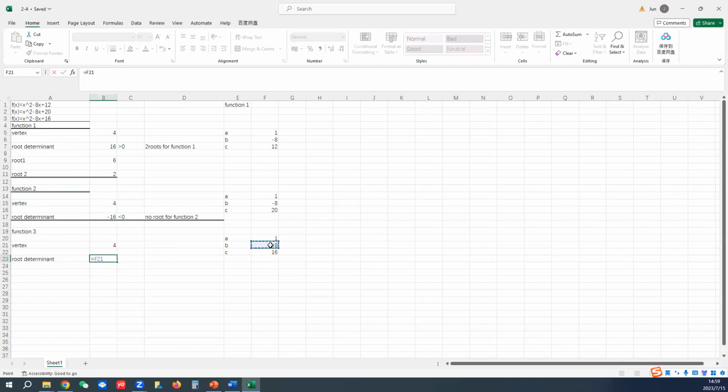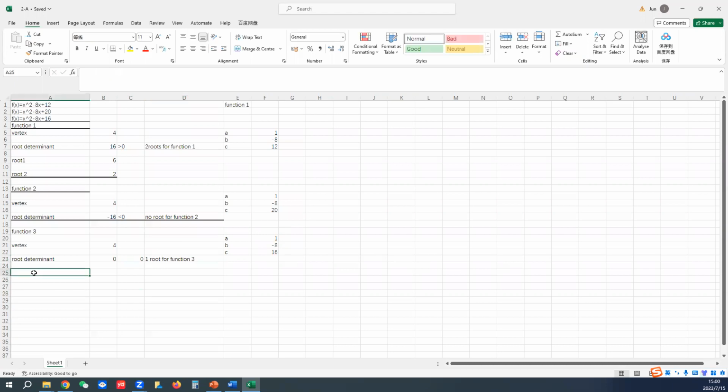B squared minus 4ac just equals 0. Only one root for function 3.